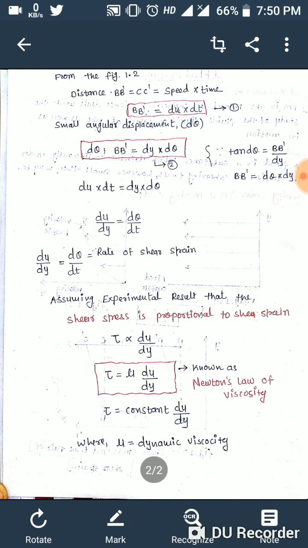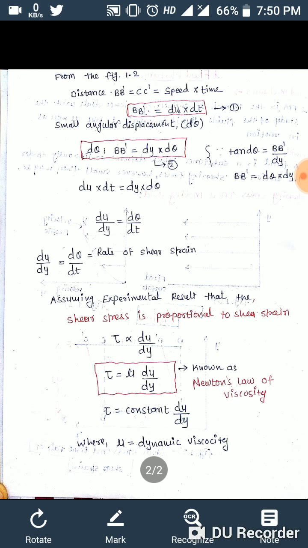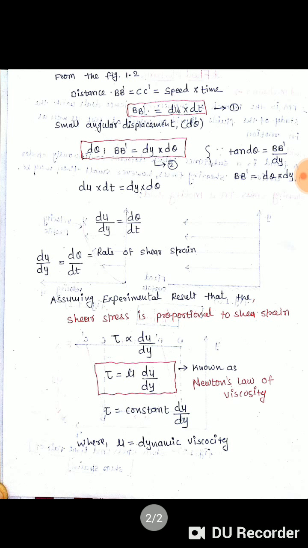To remove the proportional sign, we add a constant, which is the dynamic viscosity. So now tau, the shear stress, is equal to mu du by dy, where mu is the dynamic viscosity, and the full equation tau equals mu du by dy is called Newton's law of viscosity.